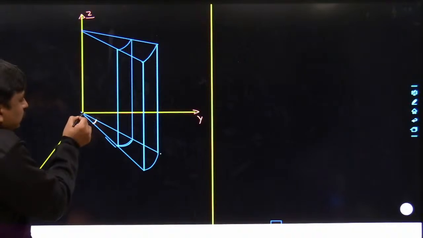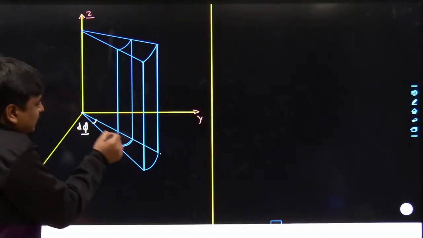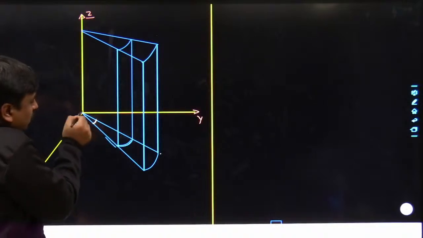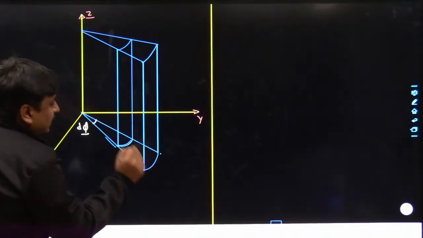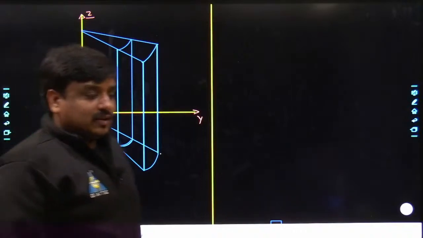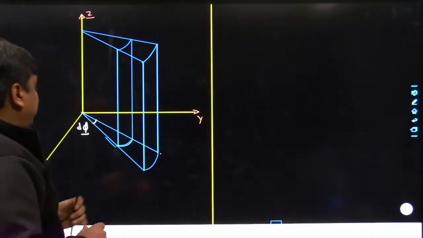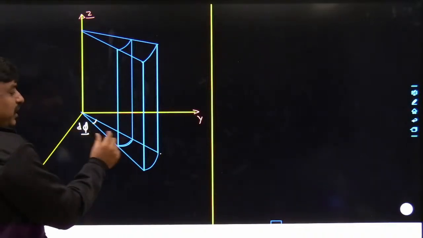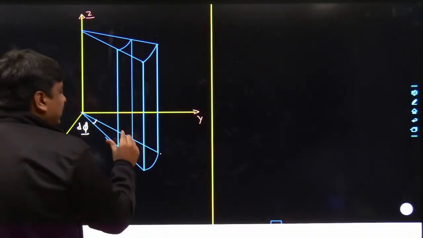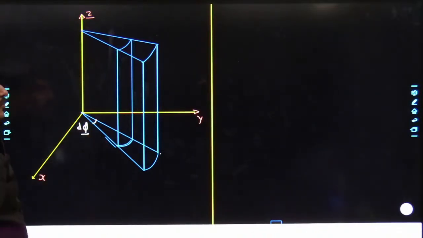Because if you calculate the length of this circular path from the origin or from the z-axis, it's smaller, whereas if you calculate this circular path from the z-axis, the length is more. What does that mean? That means this differential length would be affected because of d phi, and at the same time it would also be affected by how far it is from the z-axis, which is nothing but rho.